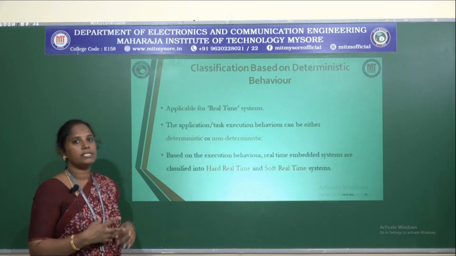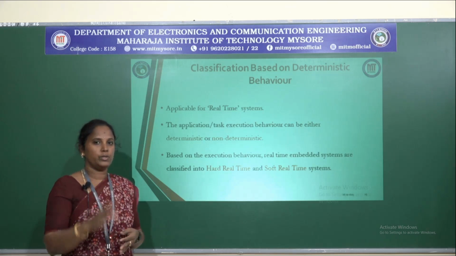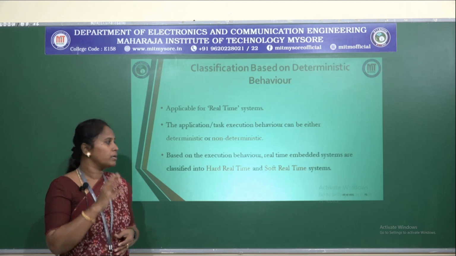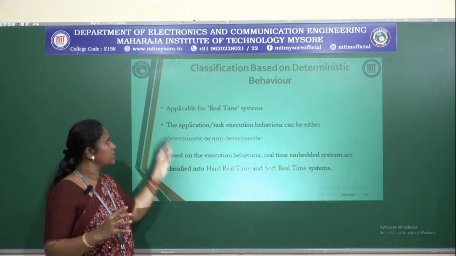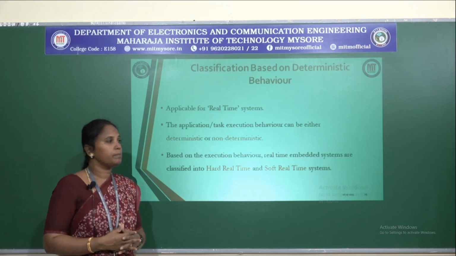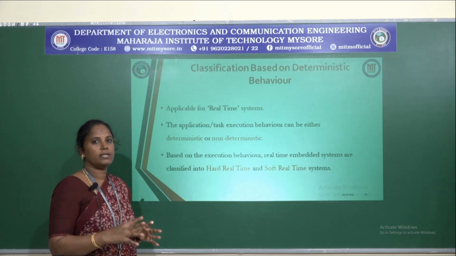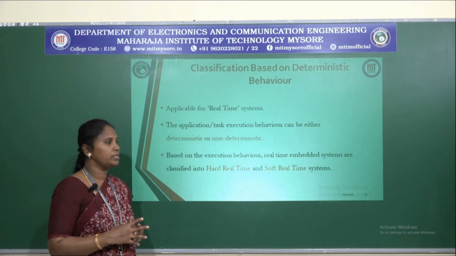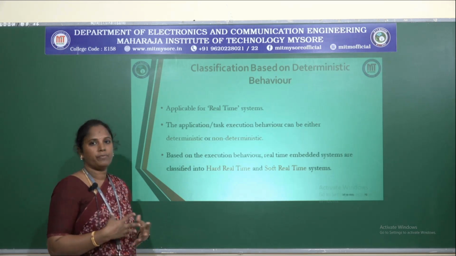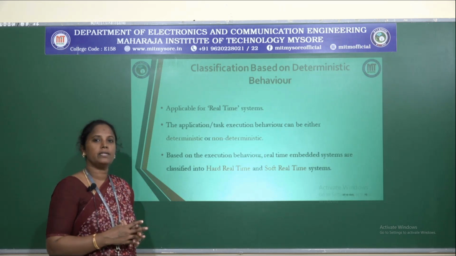Then we have the classification based on deterministic behavior. As I told, deterministic behavior means you have to do that particular work within the specified time. So it is applicable to real time systems. For example, in monitoring a patient's health, like ECG monitoring or performing a scanning operation, that has to be done in real time.